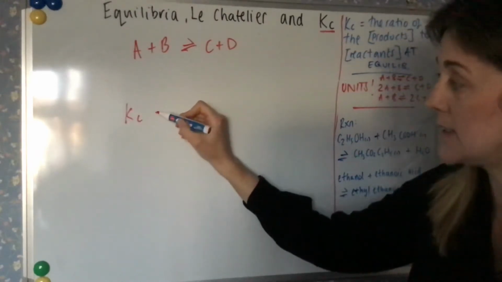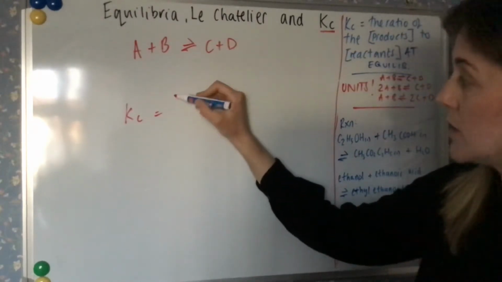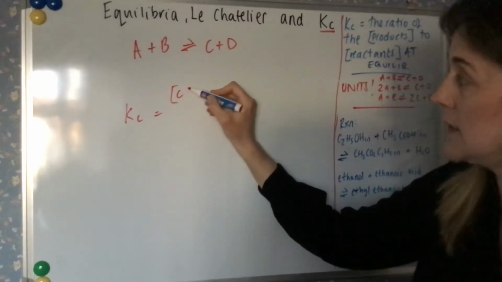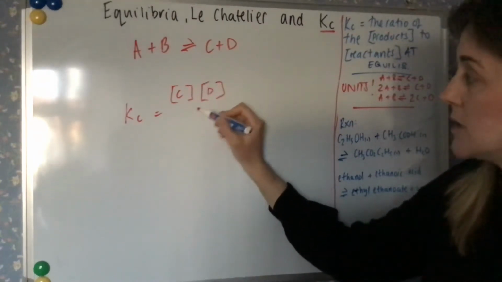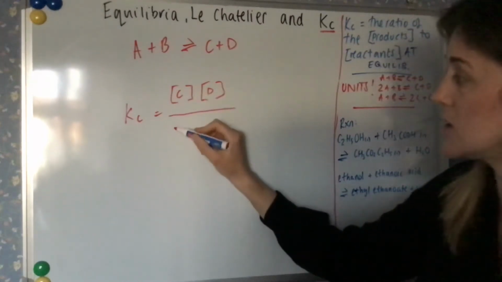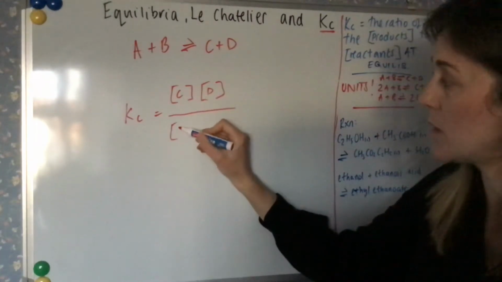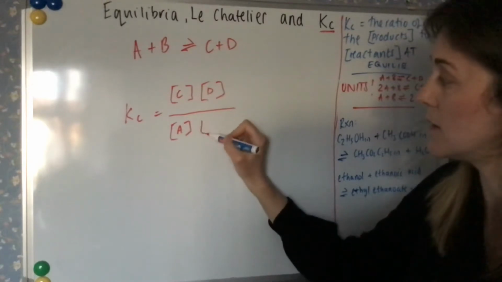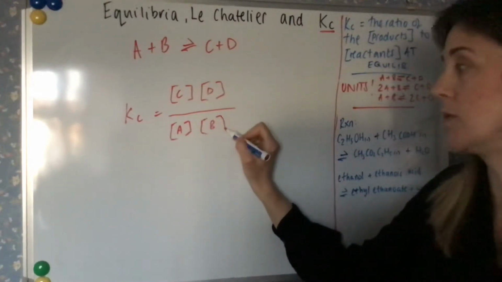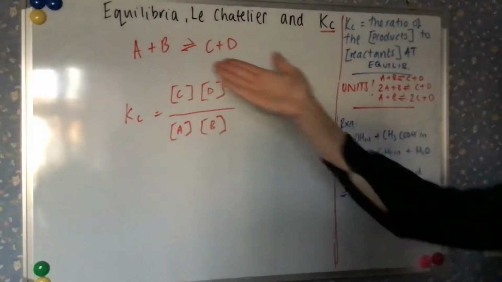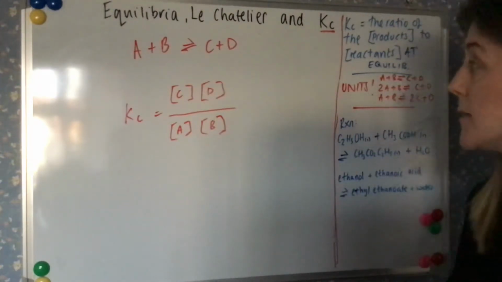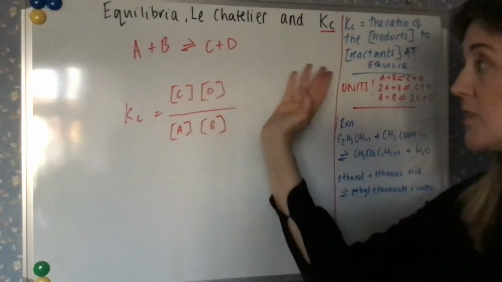Kc is equal to the concentration of C times the concentration of D, divided by the concentration of A times the concentration of B. So that is the Kc expression for this reversible reaction.